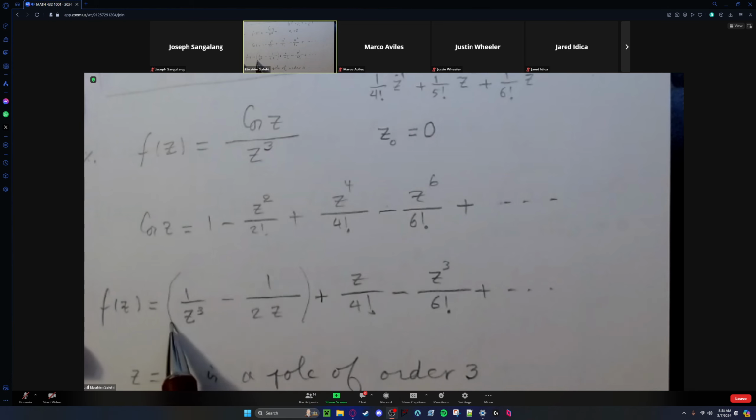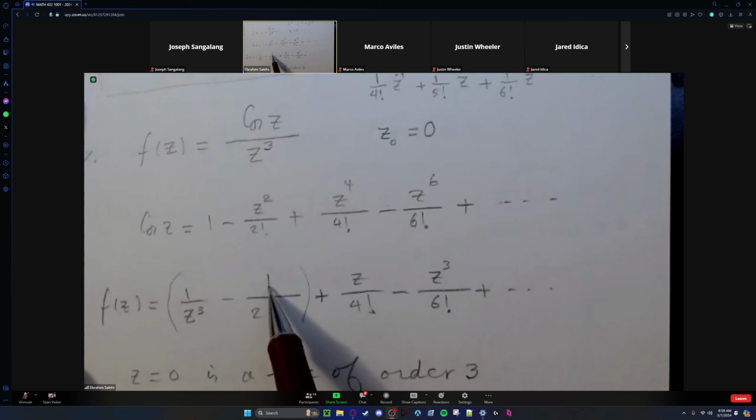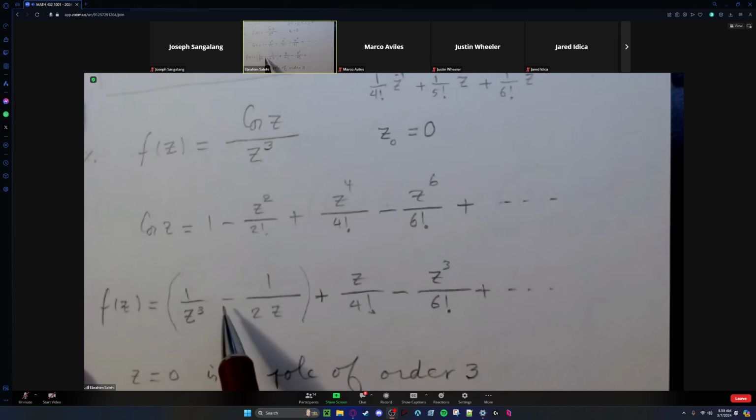This is the principal part, where z is in the denominator. So z equals 0 is a pole of order 3. Pole of order 3. Okay? Now, this number is what we love. Negative 1 over 2.